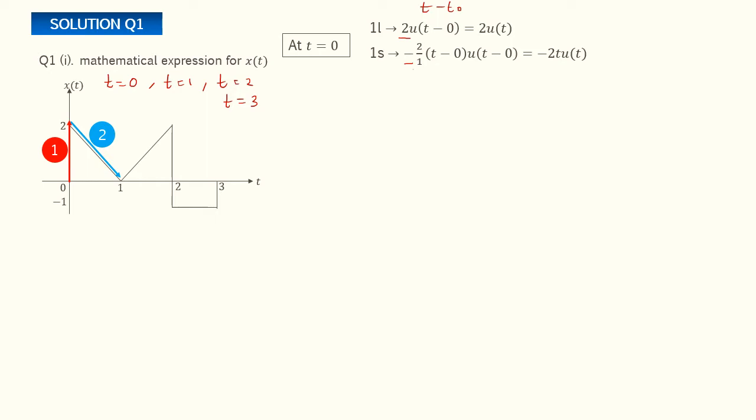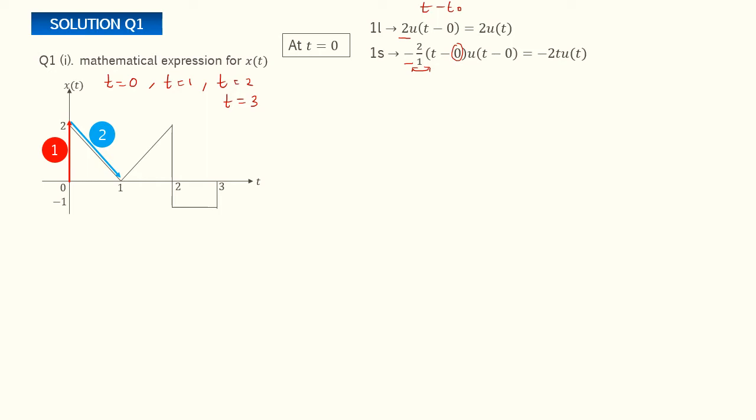This is the gradient, y over x, 2 over 1, and then (t minus t naught). Your t naught is the position where the line begins, so it's (t minus 0) u(t minus 0). So the equation for the first slope is minus t u(t).